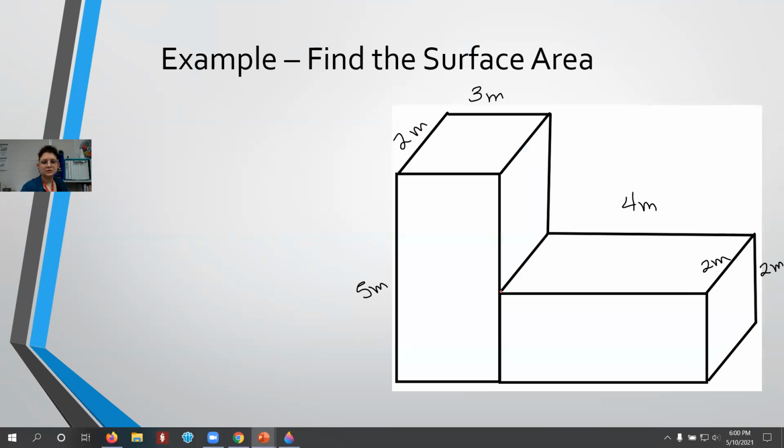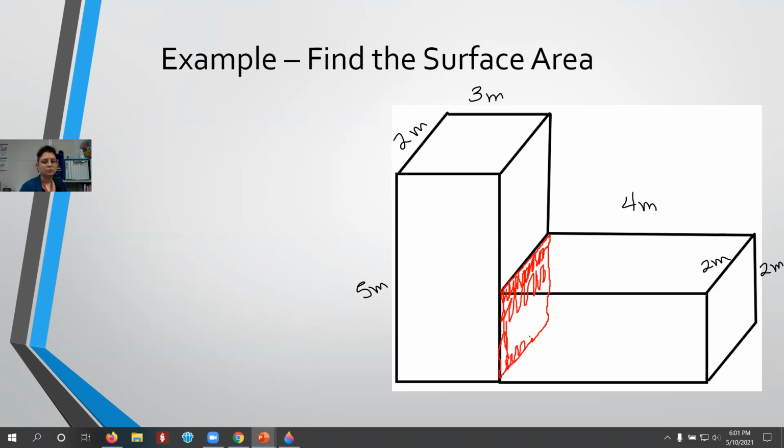Now it's important, I'm going to outline this rectangle in red where the two sides touch each other. We're not going to count this in our surface area because it does not face the outside of any of our shapes.